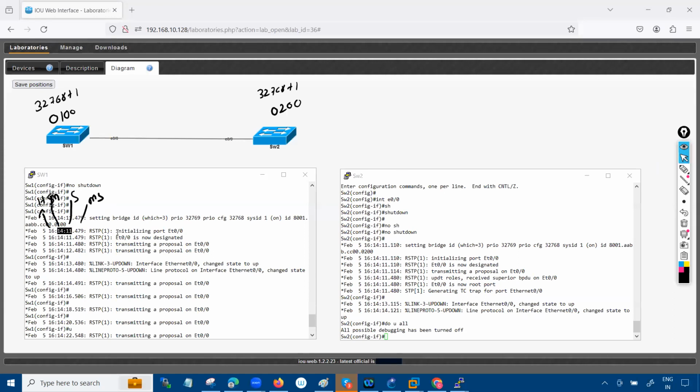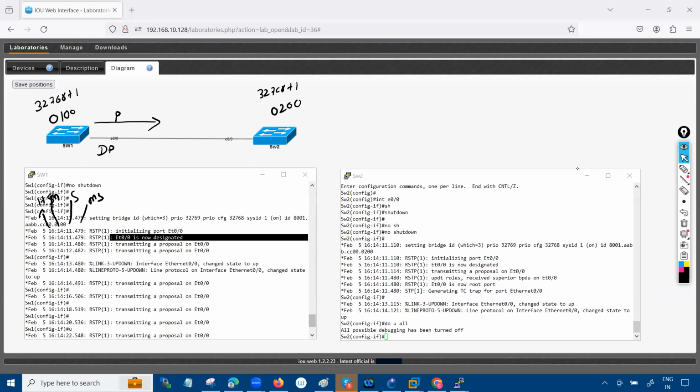Once I initialize this port, e0/0, what happened in the RSTP flow? I just put the no shutdown command over there. It sends the proposal, saying that this is my designated port. What happened? Understand the theory part.